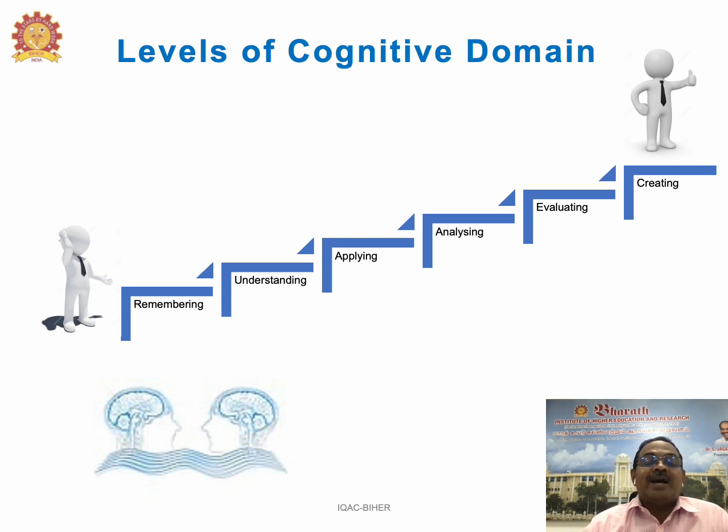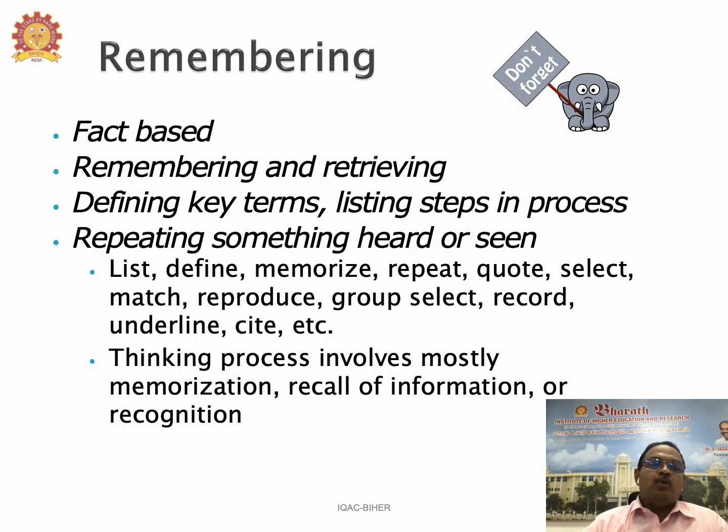The fourth level is analyzing the concept, then evaluating the concept, and creating a new concept. So learning always takes place in this order: remembering, understanding, applying, analysis, evaluating and creating. We'll go one by one.